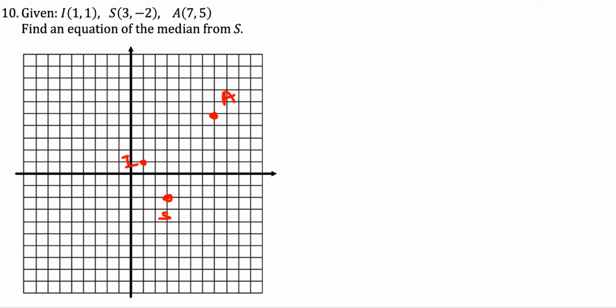Now, if you want to connect them, all right, that's what we have. Now, I'm looking for the median from S. That means I need to find the midpoint between A and I. Let's try to do that first.